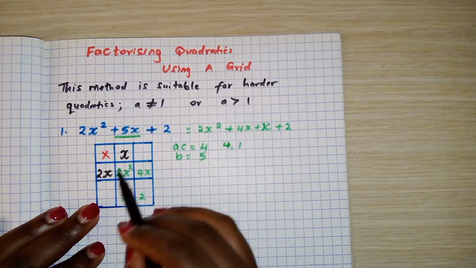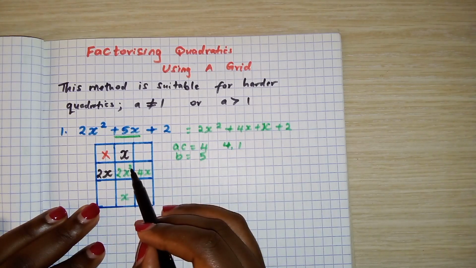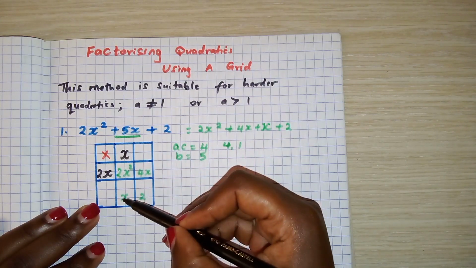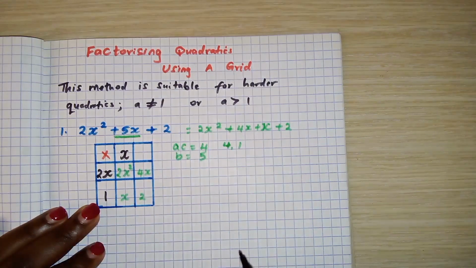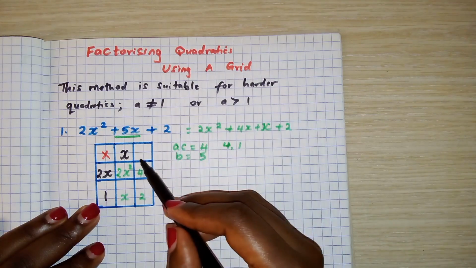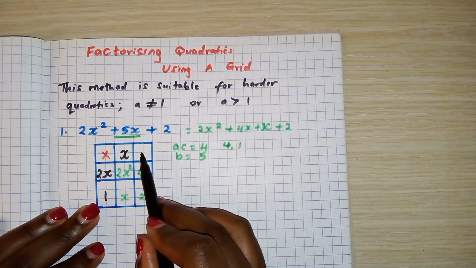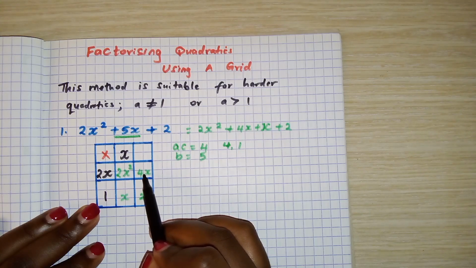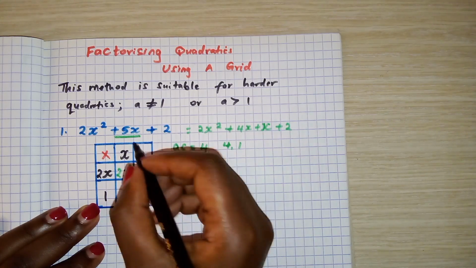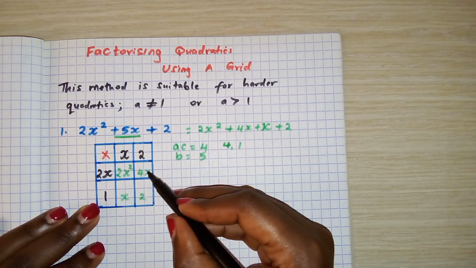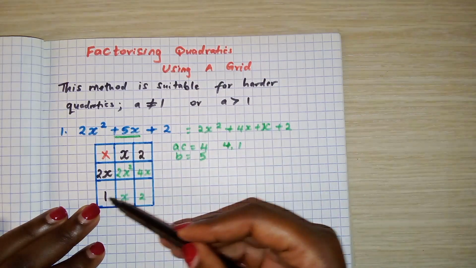You can test it out. 2x times x is 2x squared, so that's okay. Then here we have x divided by x will be 1, so 1 goes there. Then here we will remain with what? 2x times something will give us 4x, or 4x divided by 2x is just 2. So 2 times 2x is 4x, and then 2 times 1 is 2.